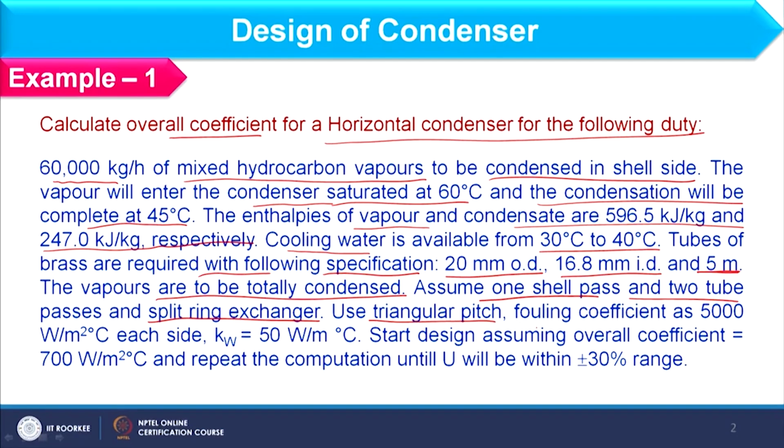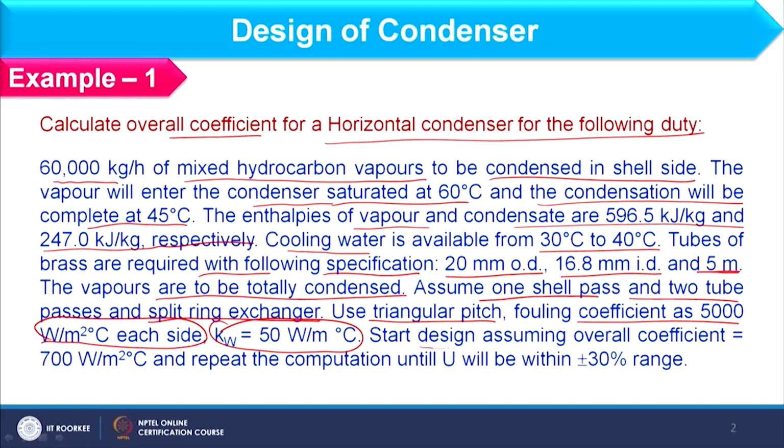We have to use triangular pitch, and fouling coefficient as 5000 we should consider for both streams. It means that is for water as well as for vapor. Okay. Thermal conductivity of the material is given as 50 watt per meter degree Celsius.